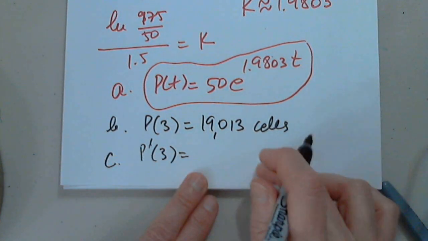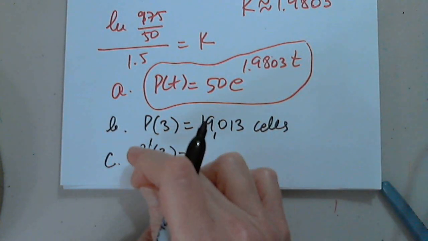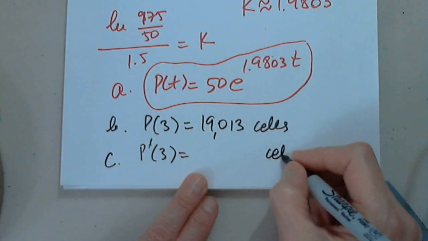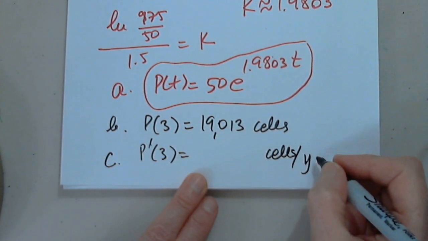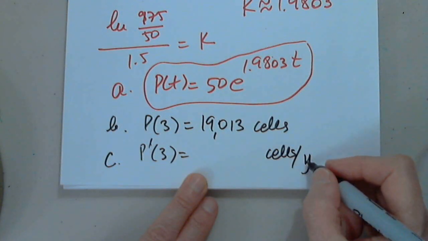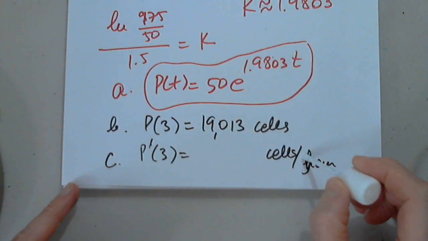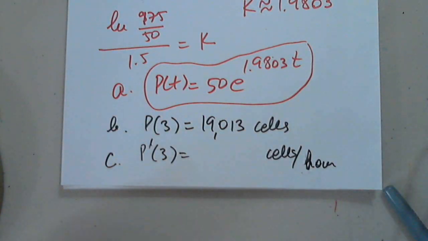But whatever we get, the measurement unit has to be in cells per hour. Oops, not per year. Cells per hour. So before we do that, we have to find P prime of t and then plug it in. And I just want to make sure that no one gets confused over there. Okay, so let's differentiate.